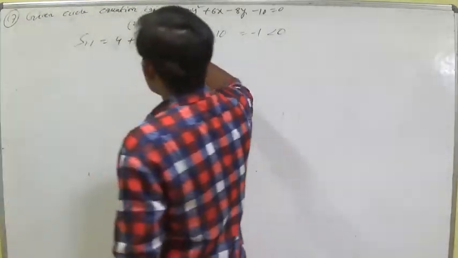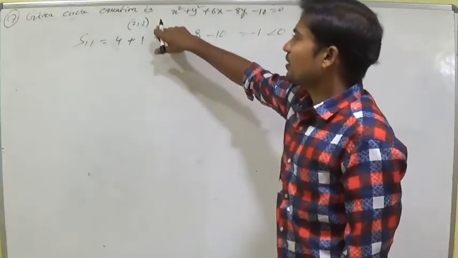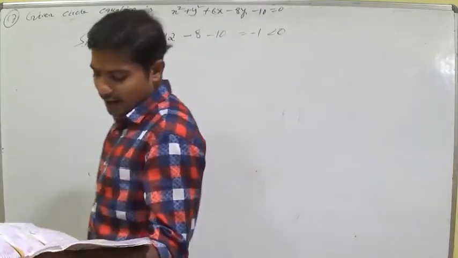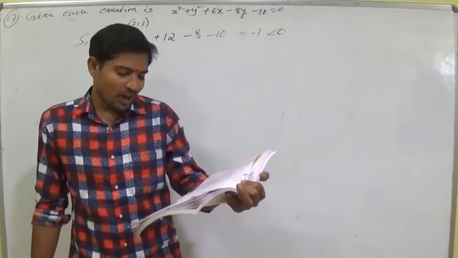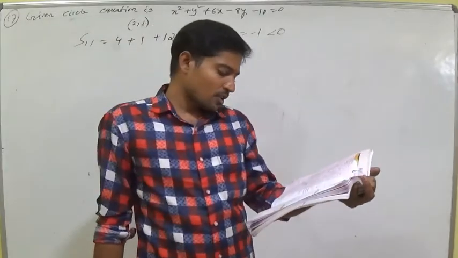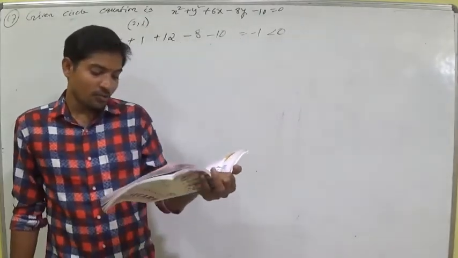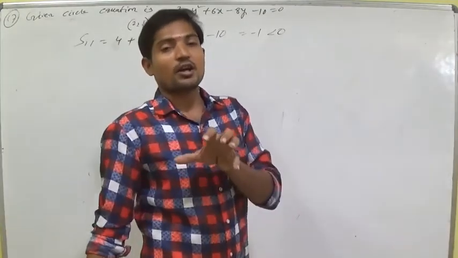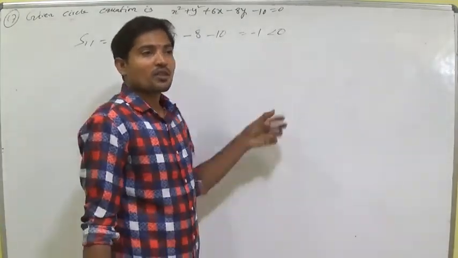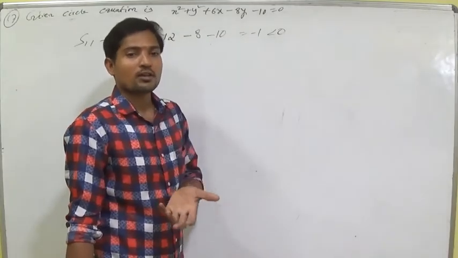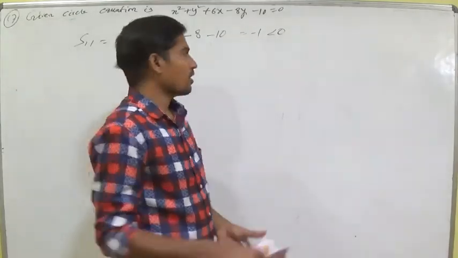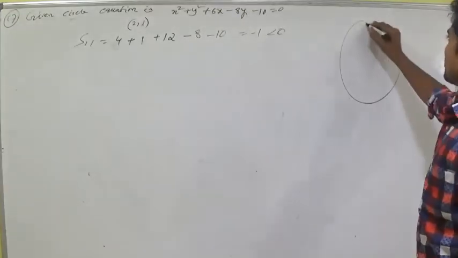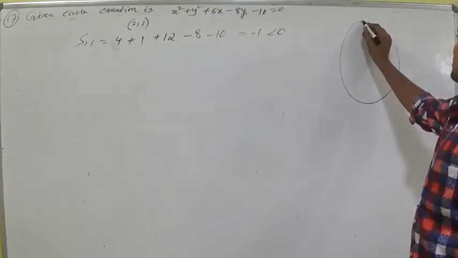So this lies inside the circle, then you won't get any chord of contact. The first one is failed here. When can you get a chord of contact? When the point is a point of contact. Here minus 1 is less than 0.